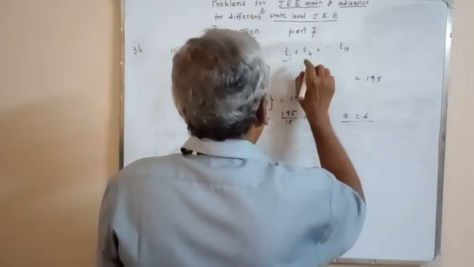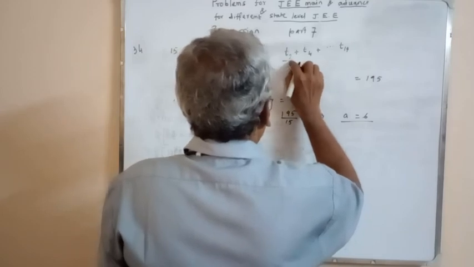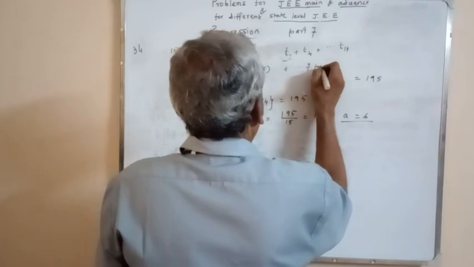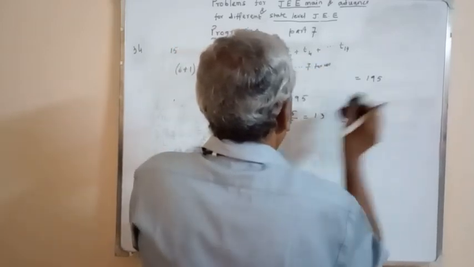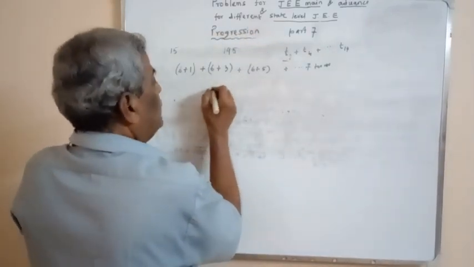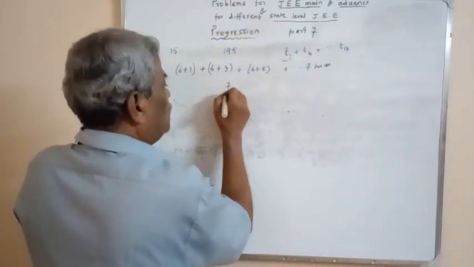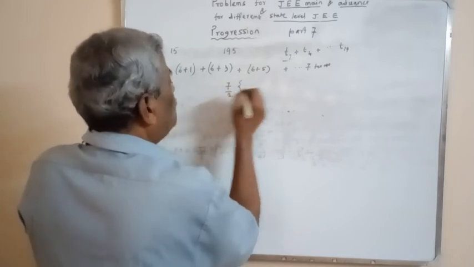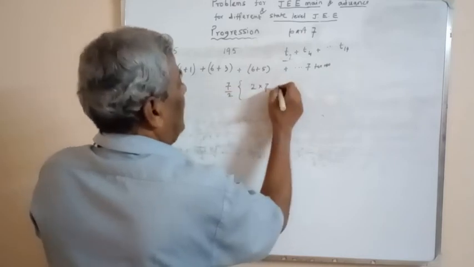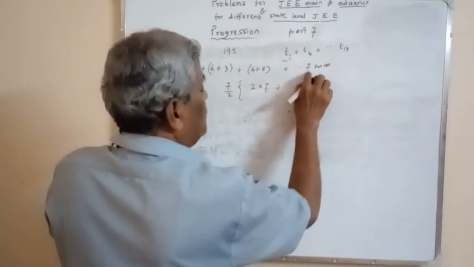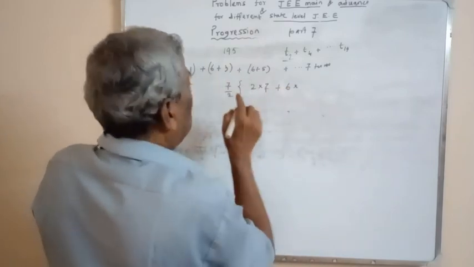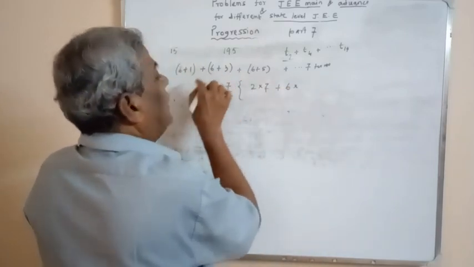So the sum is equal to 7 by 2 into 2a plus n minus 1, n is your 7, 6 into 2, because the common difference is 2 now.